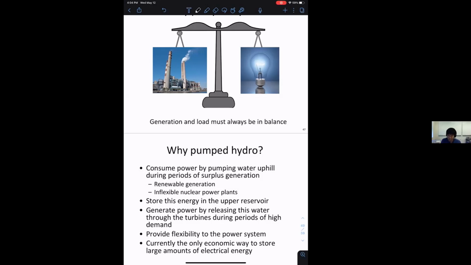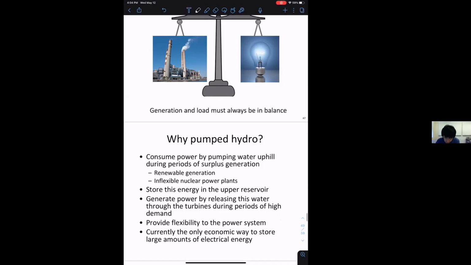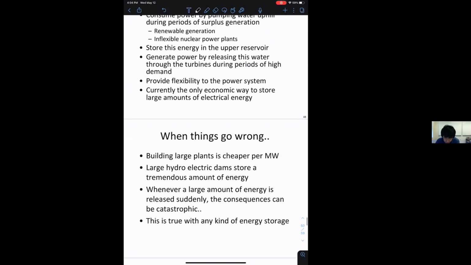Okay, so this is pump hydro. And then to finish the class, as I promised, we'll look at what goes wrong. Things do go wrong in hydropower plants, and when they do, they go really wrong, because if you cannot release energy, the large amount of water carries energy.